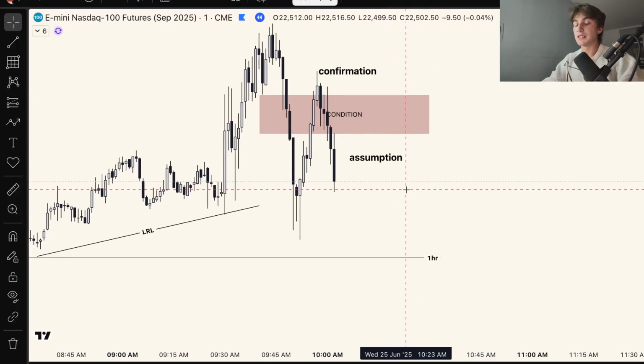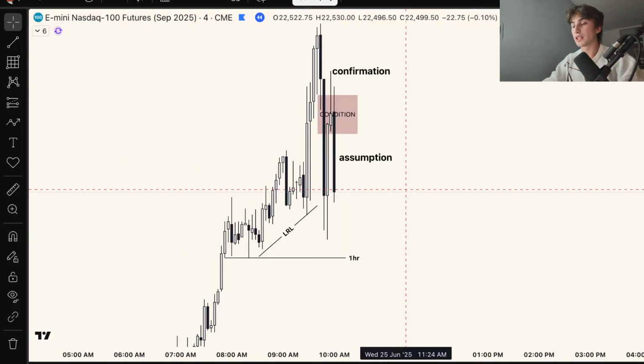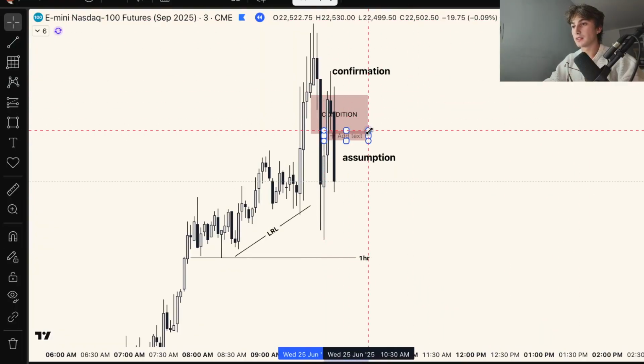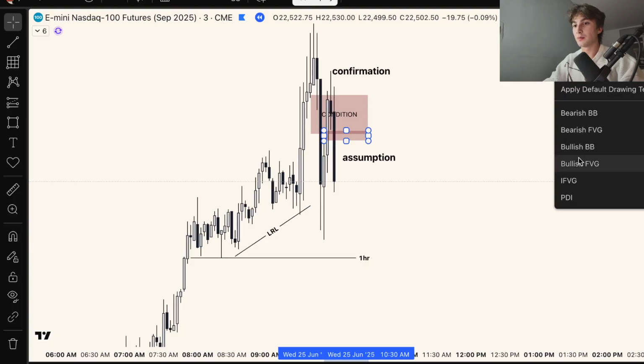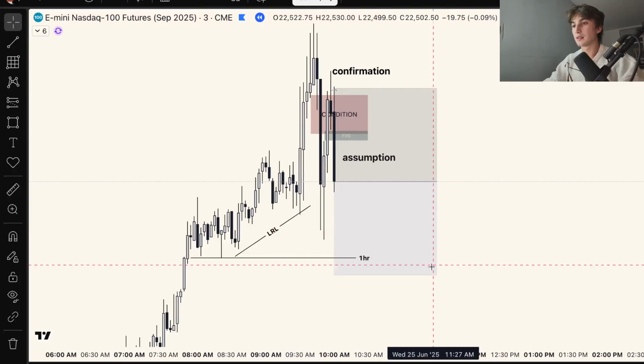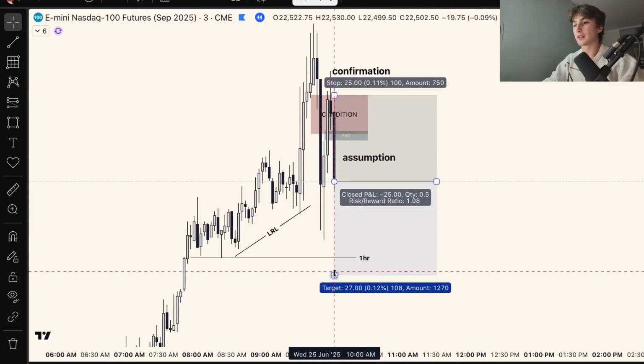And now we need execution, which we're going to get through an inversion. What is the highest time frame inversion here? It is going to be this 3-minute bullish Fair Value Gap. So if we inverse this 3-minute, we can take shorts and target that unfilled hourly, right?